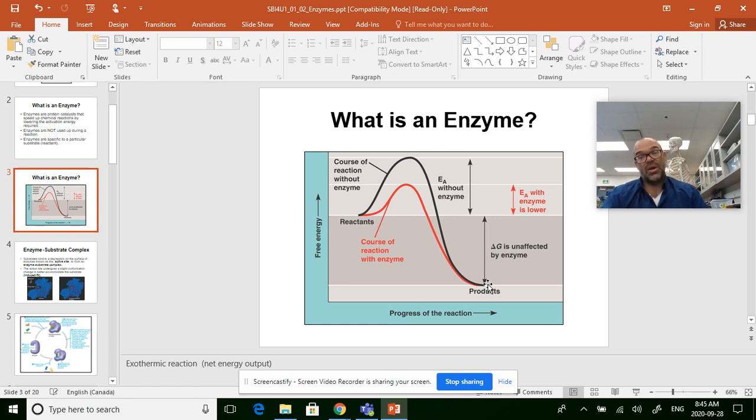Or if you're thinking about digestion in your body, you have enzymes that get used over and over and over again. Those enzymes are always working, so as long as you're eating, those enzymes are working. You're full of enzymes. Enzymes make you.